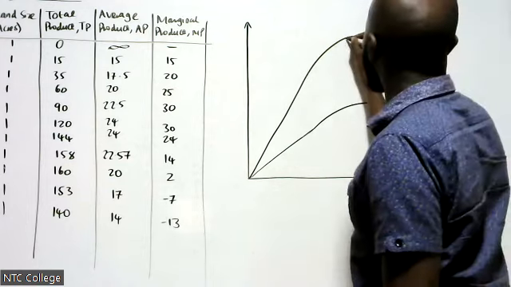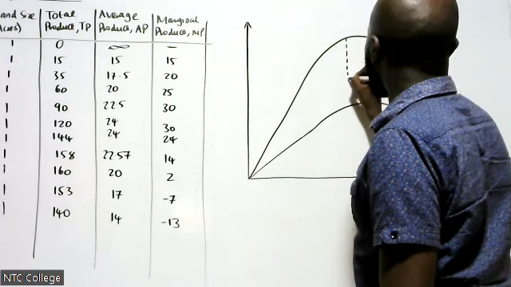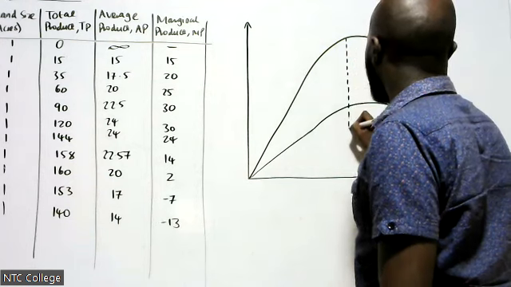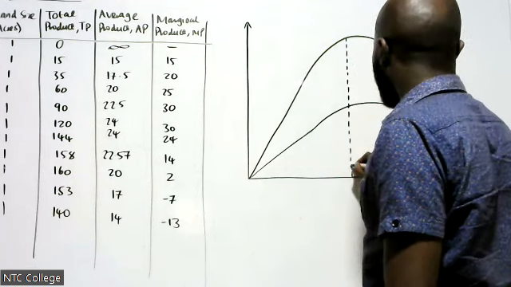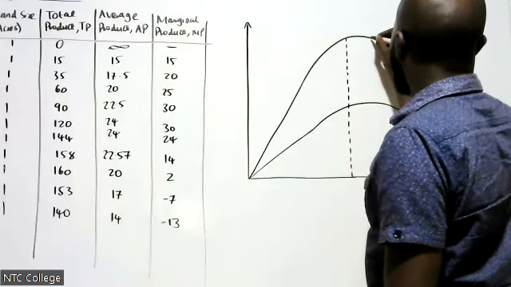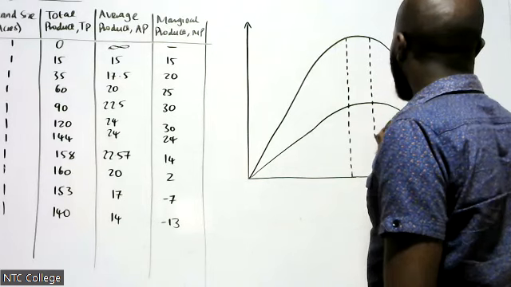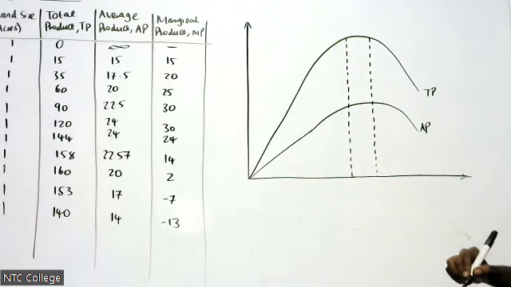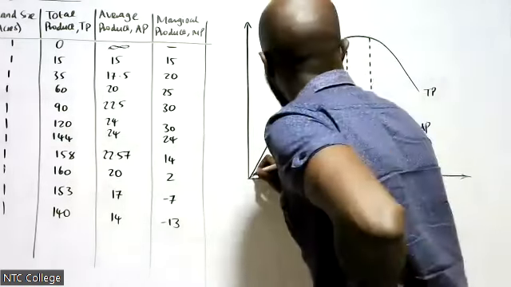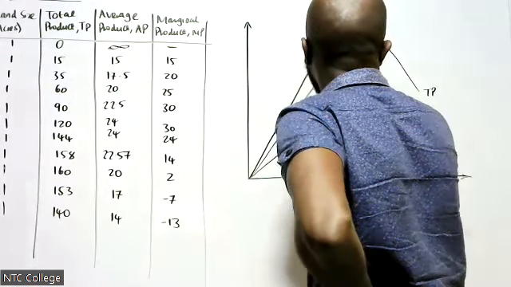Now, what I usually do, because I want to describe what the maximum point is first, I will describe it with dotted lines, because this is also very important for us to understand the next bit. Using the law of variable proportions, explain the 3 stages of production. Well, that is what we have there. That will just split our work into 3 stages, and I'll show you why. But for marginal product, it works like this.